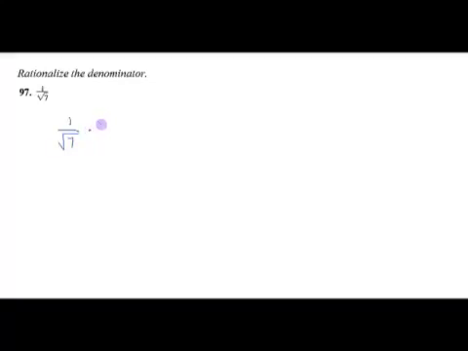If we multiply this by the square root of 7 over the square root of 7, that's perfectly legal because we're multiplying by another form of 1. When I do that, watch what happens. I get 1 times the square root of 7 is the square root of 7, and the denominator is the square root of 7 squared. So I have the square root of 7 over 7, and I've taken the radical out of the denominator.